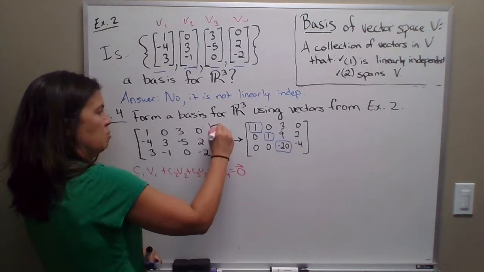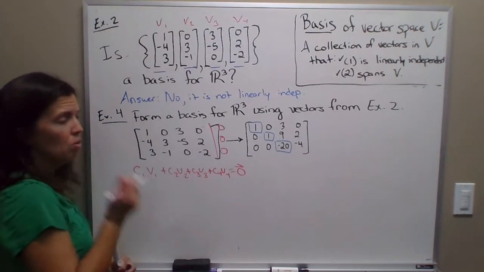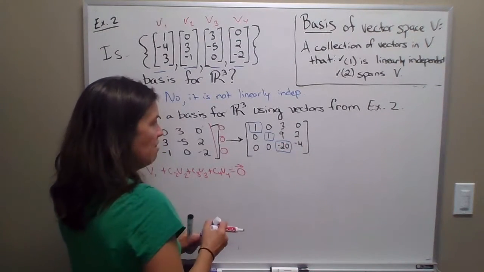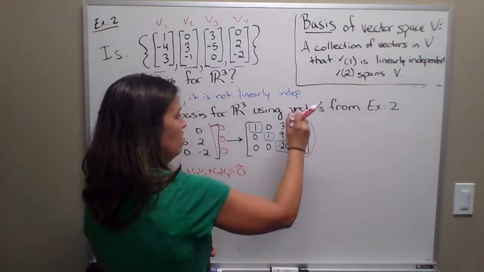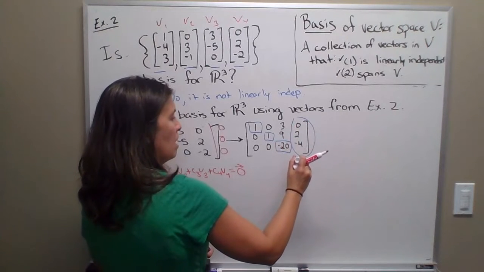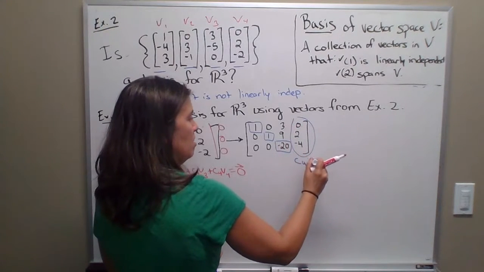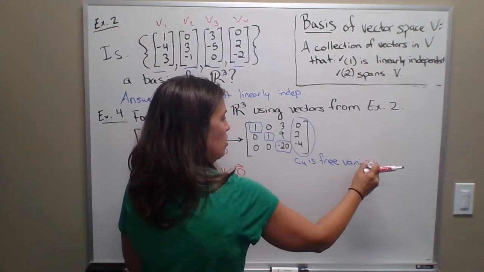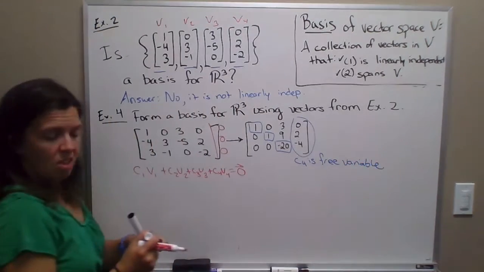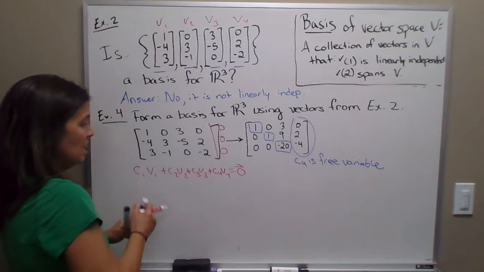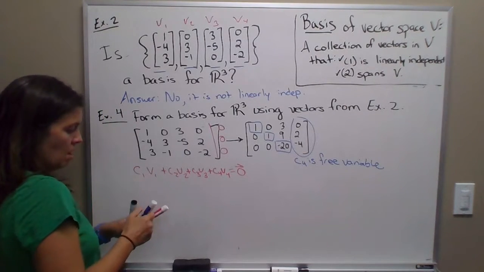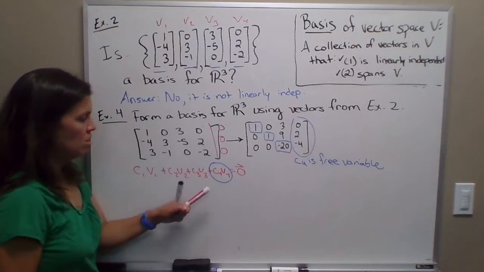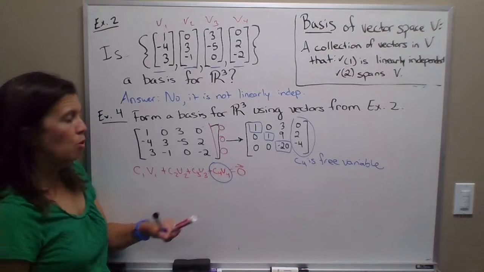If you think of this as being augmented with a column of zeros, when you row reduce, you're going to have a non-pivot column here, which signals that c4 is a free variable, meaning we can come up with a solution for any value for c4.